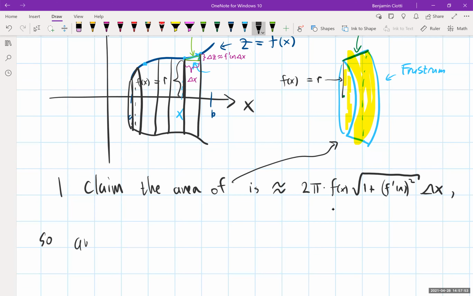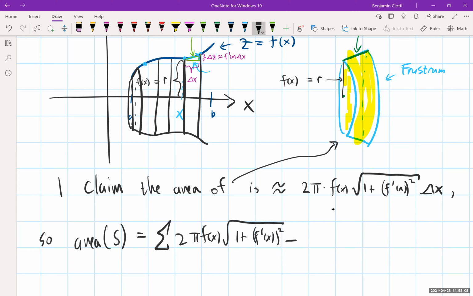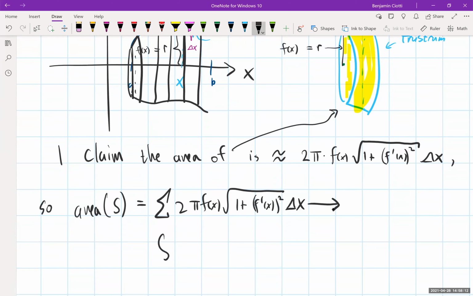So the area is the sum of 2 pi f of x times each of those. And in the limit that you let the delta x get very small, you get exactly the formula for the surface area.